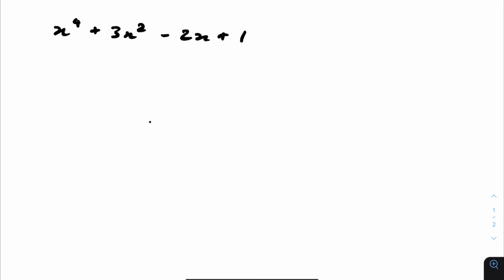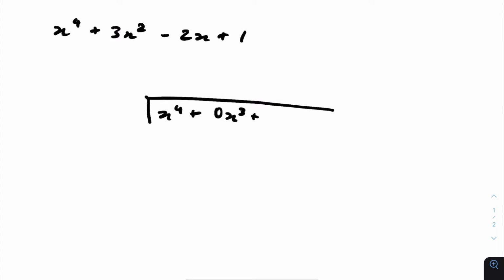When we're dividing polynomials, regardless of whether it's missing something, we'll have to add it in there. So that means we'll have a coefficient of 0. So we'll have 0x cubed plus 3x squared minus 2x plus 1. It's just much easier when doing division. Let's say we're dividing this by x minus 2.